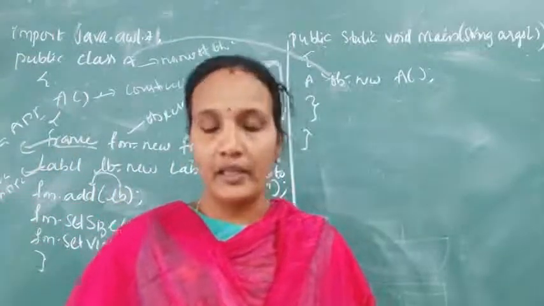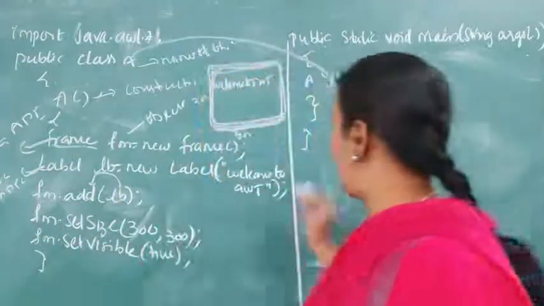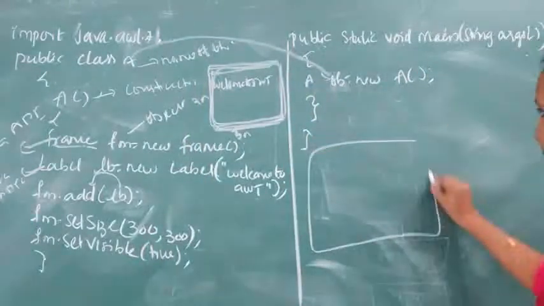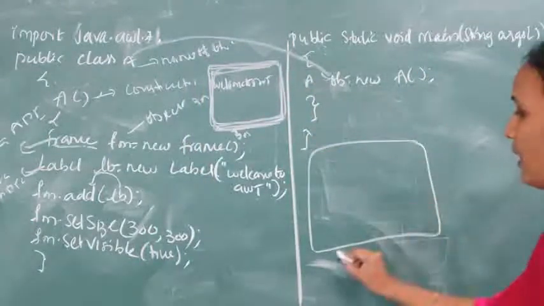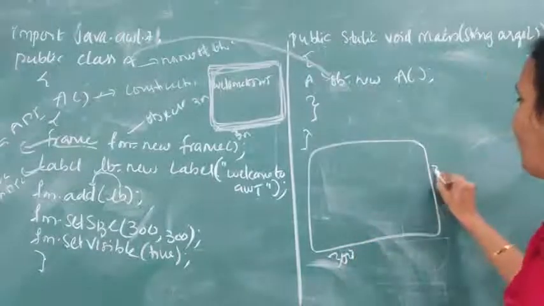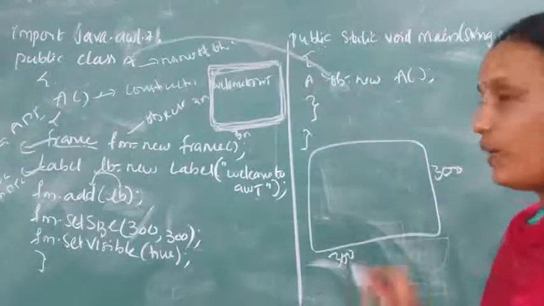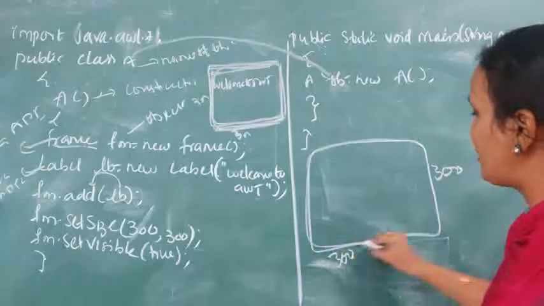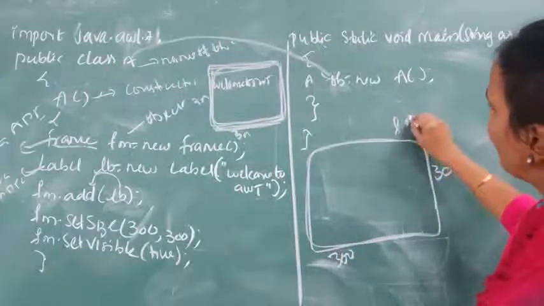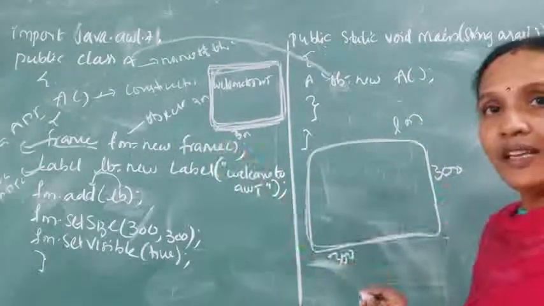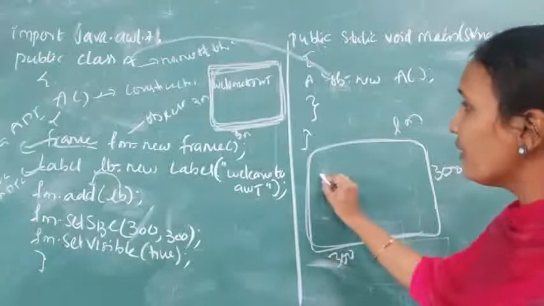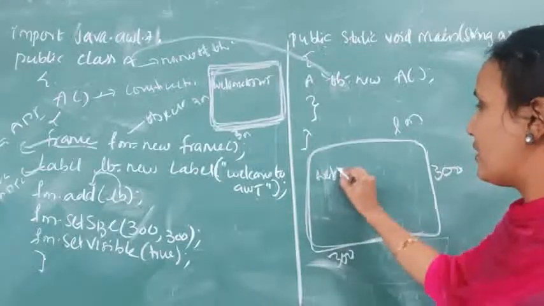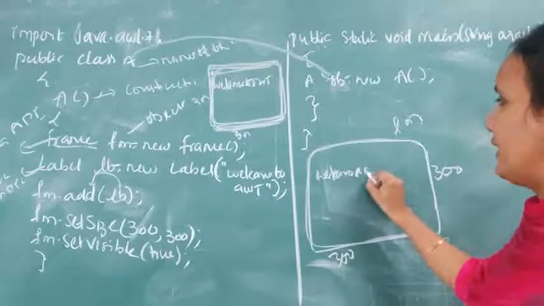So finally in this program what we are doing is we are creating one frame, and this frame has height 300, width 300. This complete frame information is stored in the F1 object. Next to that frame, here we are adding a text. Welcome to AWT.